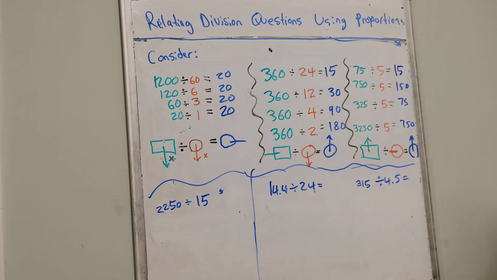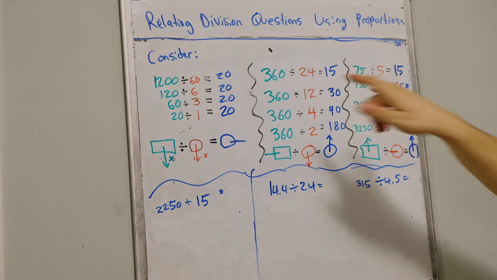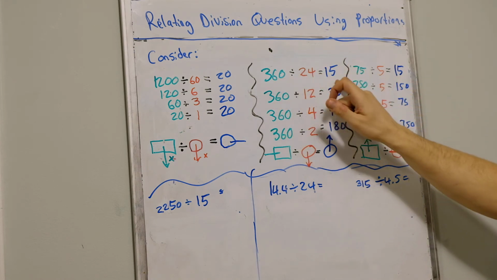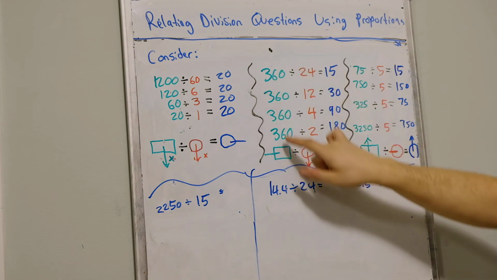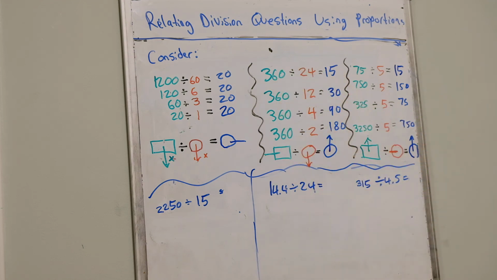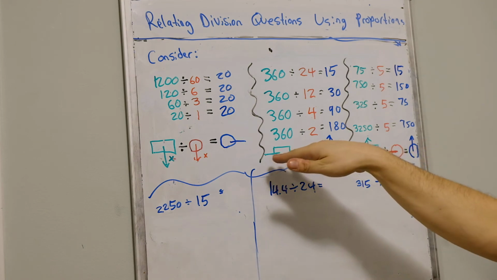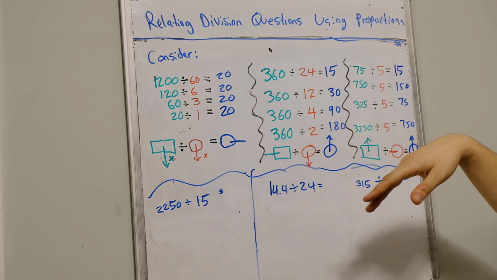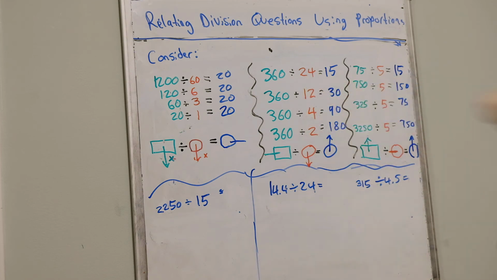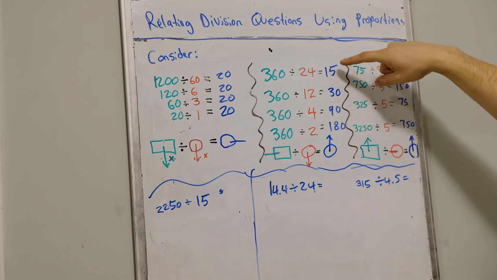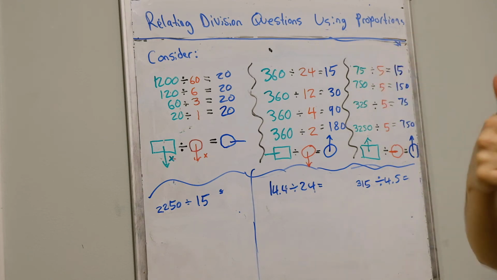Look at this second example. In this case, you see that the thing that's staying the same is the dividend. So by keeping the dividend the same, if we change the divisor by dividing it in half, then the quotient doubles.